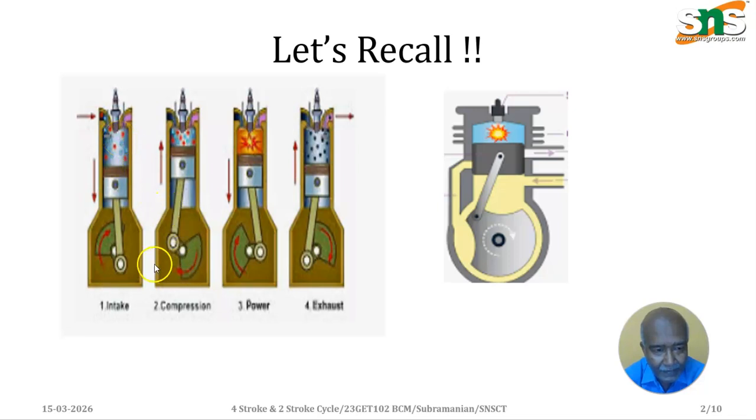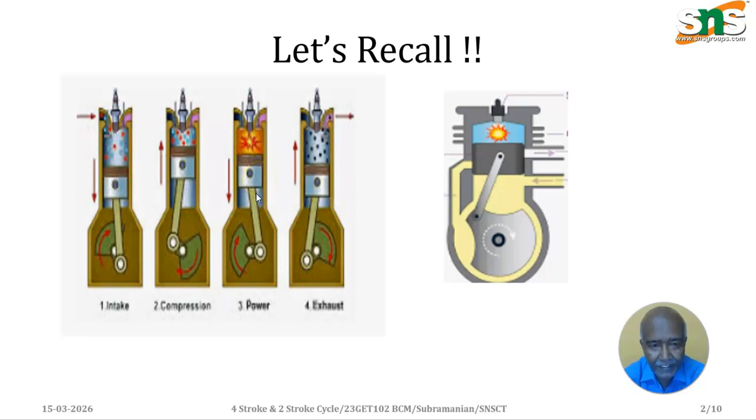For the second half revolution, the rotation gives the compression stroke, where combustion takes place. When combustion takes place, the air-fuel mixture is heated up and burned, which in turn gives the power stroke in the third half revolution of the engine, where the piston moves from TDC to BDC at high speed.